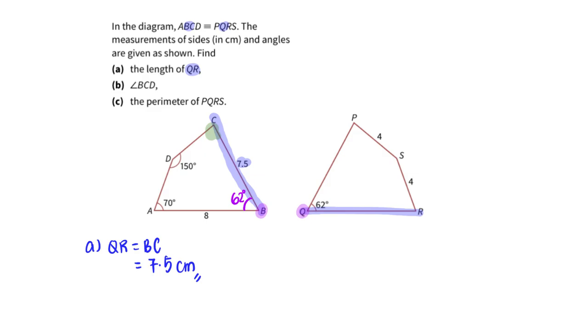And once I know that, I will then be able to get my angle BCD fairly easily, since the sum of the angles in a quadrilateral is 360 degrees. So I will just need to minus away 150, 70, and that 62 degrees. And this will give me a value of 78 degrees.